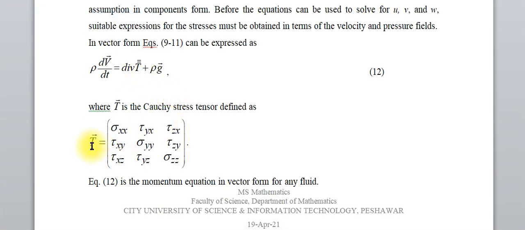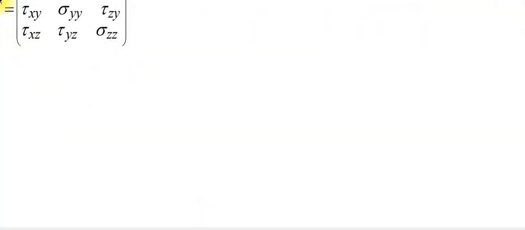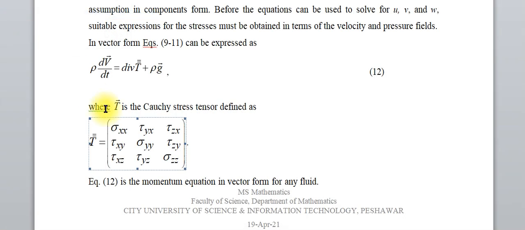Similarly this t should be like this, with a double dot. You can see now that double dot means this is a tensor, this is not a vector. A vector is expressed with an arrow, a scalar is written normally, and a tensor is written with a double line in the superscript.